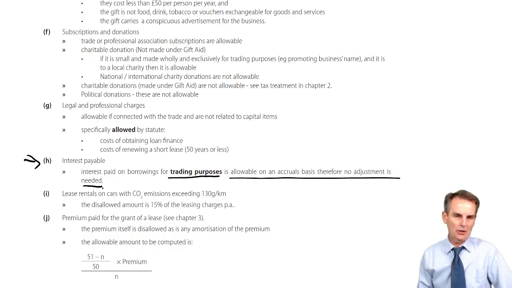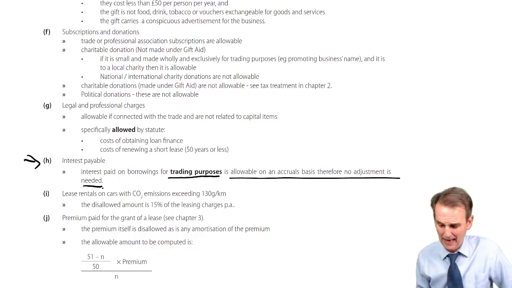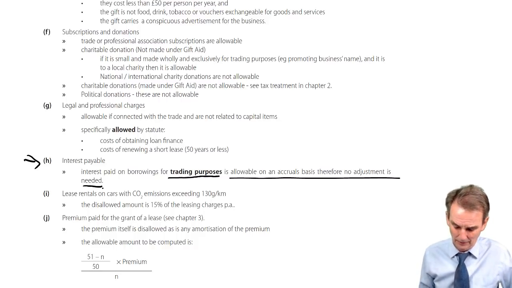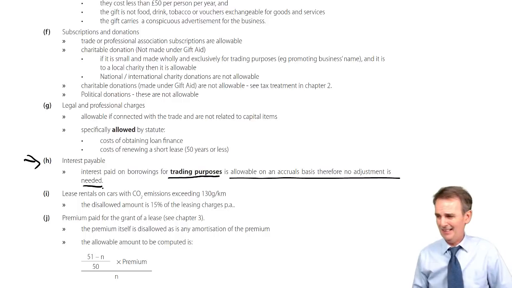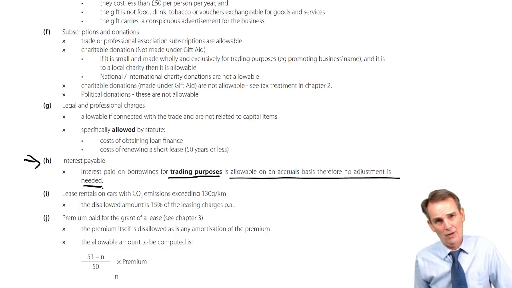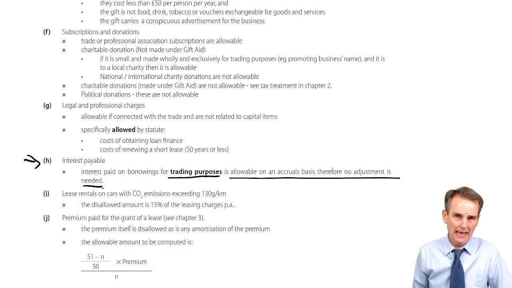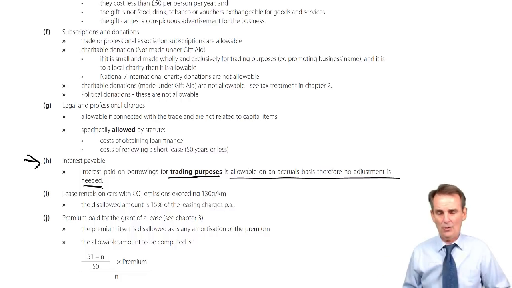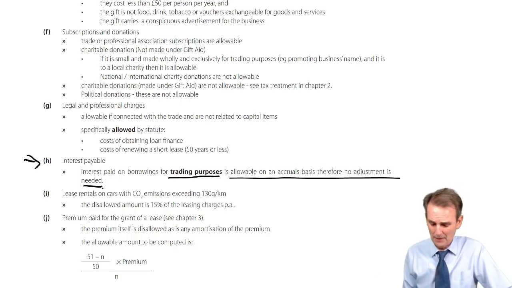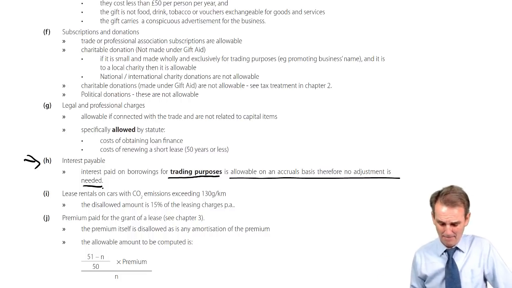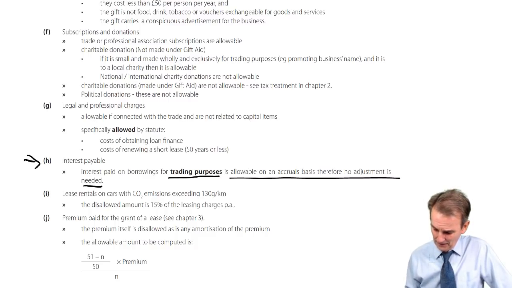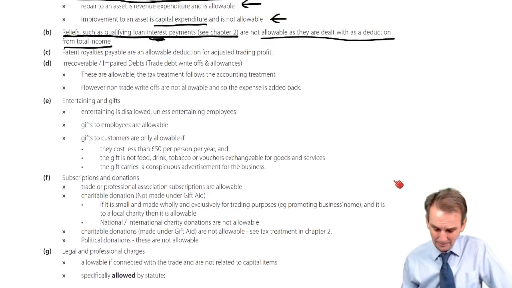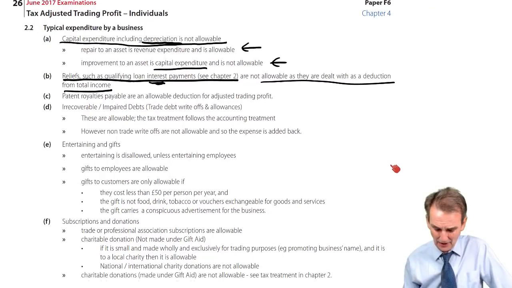Whatever has been debited in the statement of profit or loss there, that will also be allowable there for taxation. Things like your overdraft interest on your account, that to do with trading, that is allowable. There's no disallowance there.